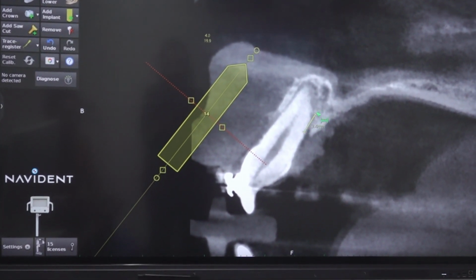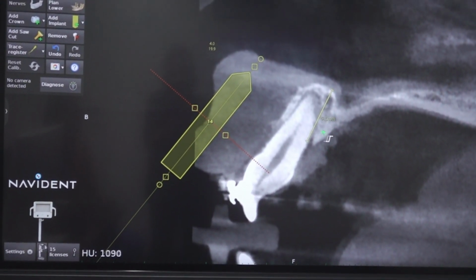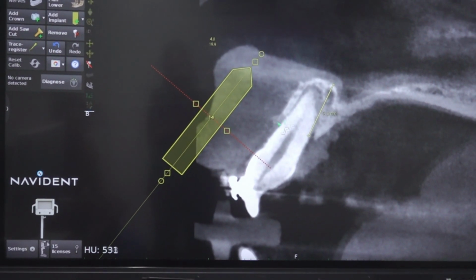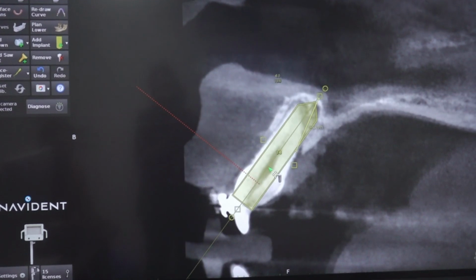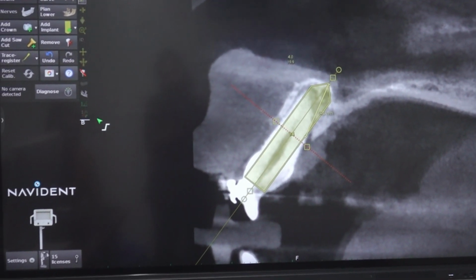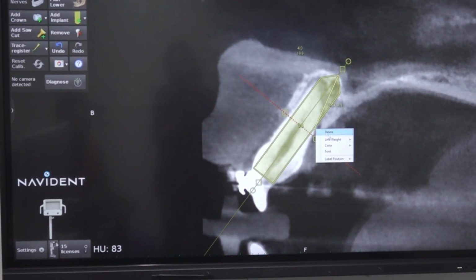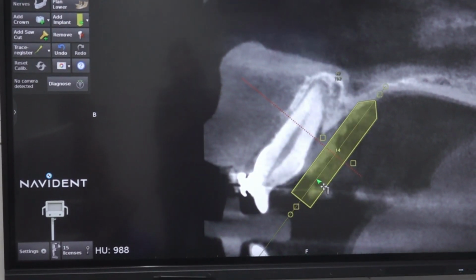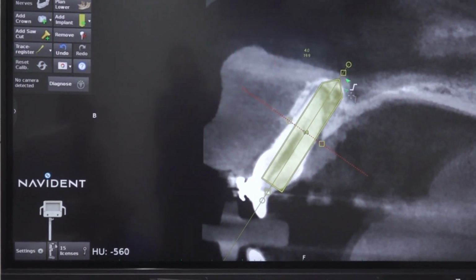The bone is only 9 mm, right? Labially a thin plate and palatally a thin plate. So ideally it should be a quad zygoma, right? Now we are planning with multi-unit single piece. So where to place the implant here?